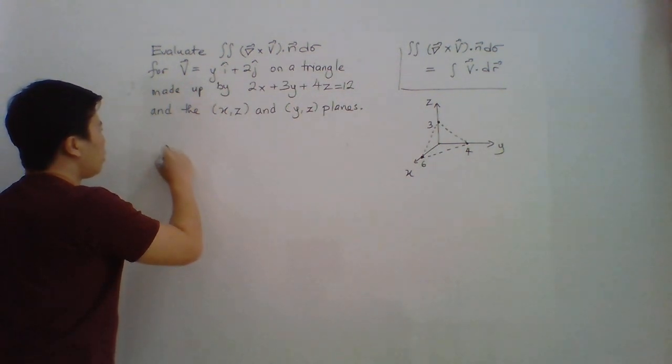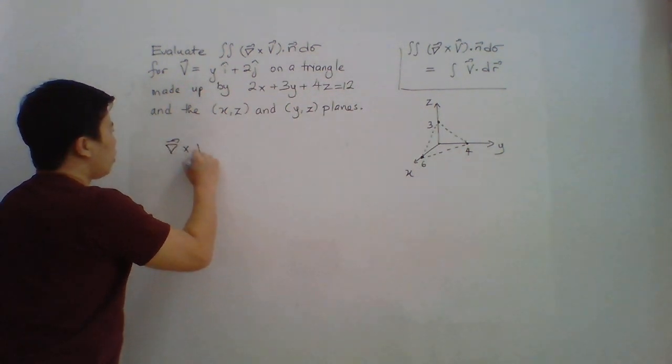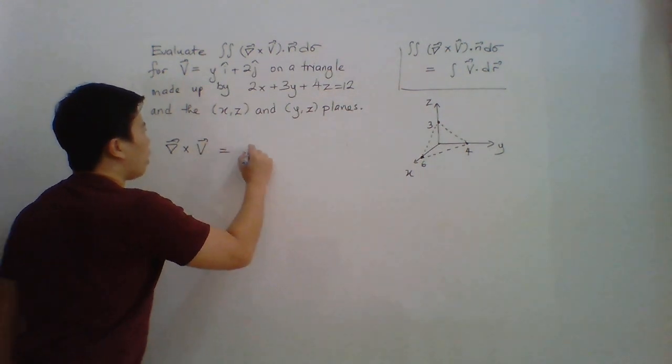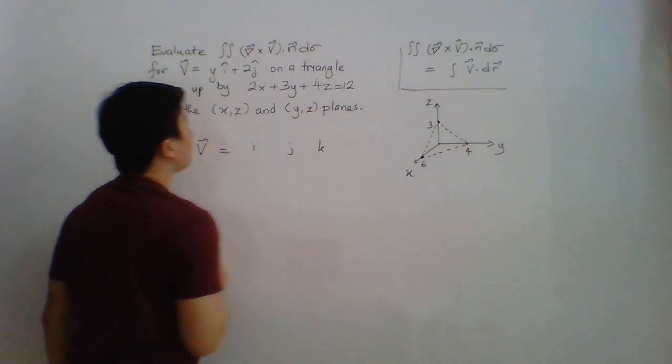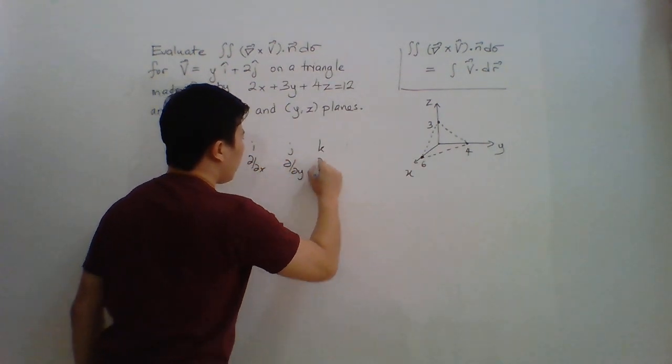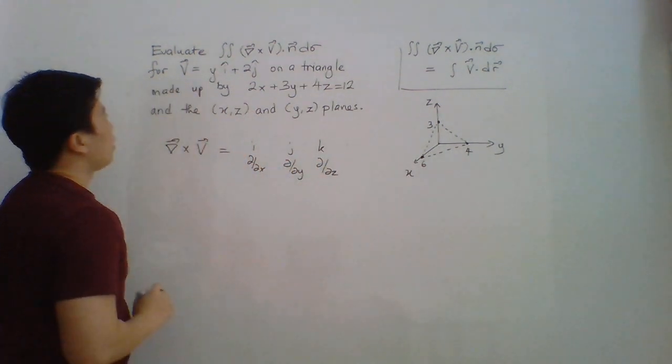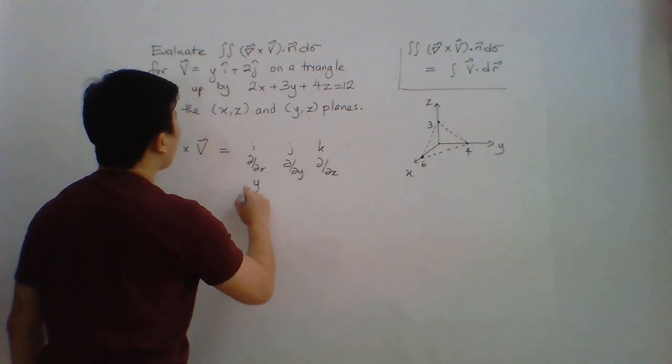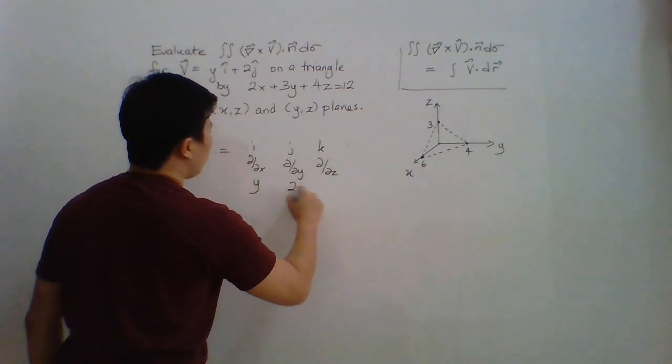So curl of v will give me the determinant of i, j, k, the partial derivatives with respect to x, y, z, and here this is going to be y, 2, 0.